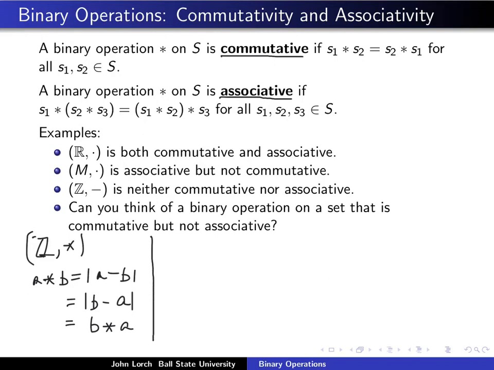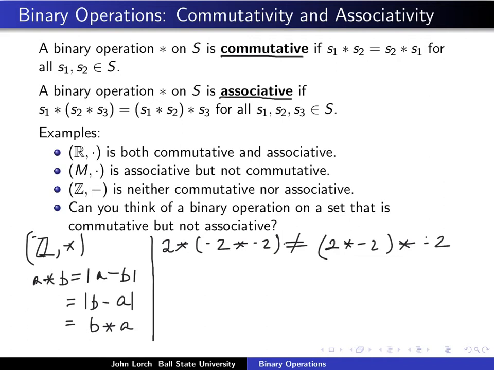For instance, if you were to take 2 star, and now we're going to have the grouping minus 2 star minus 2, I claim that that is different from what you would get if you grouped it like this, having 2 star minus 2 and then star minus 2. Okay, so let's see what we get on the left and the right and check that they really are different.